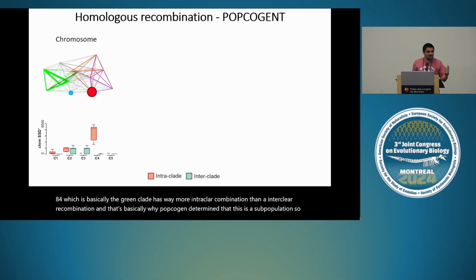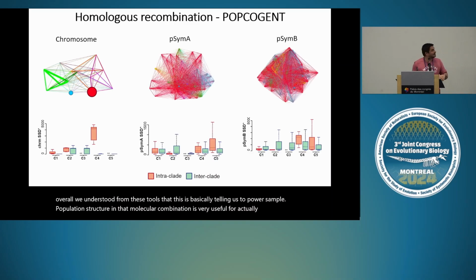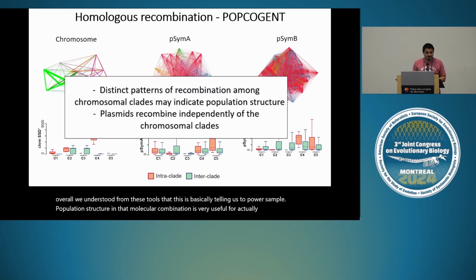So overall, we understood from this tool that our sample has a population structure, and that homologous recombination is very useful for detecting that population structure. Now, when you do that with the plasmids, with PCMA and PCMB, you don't really see anything important in those summary graphs, and the networks show a lot of recombination everywhere.